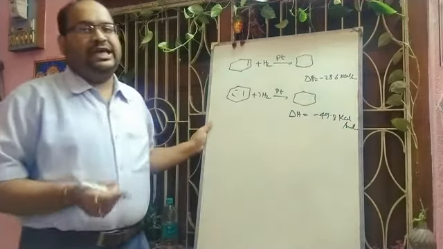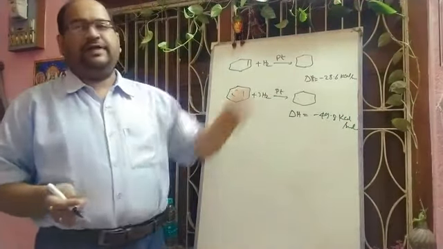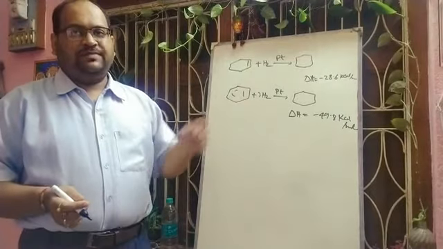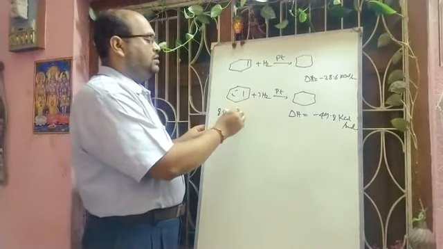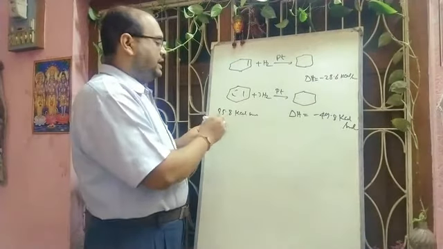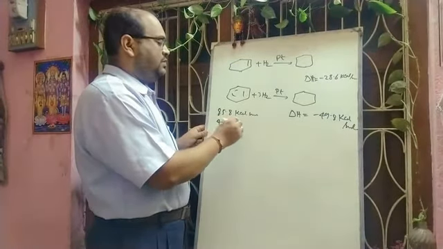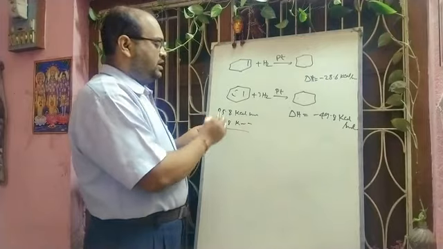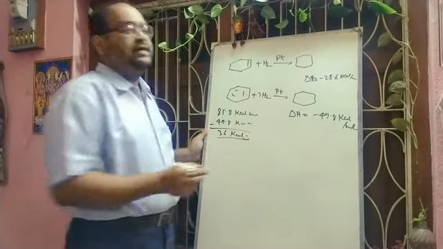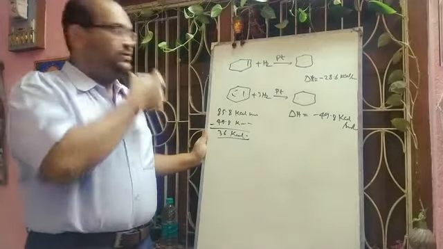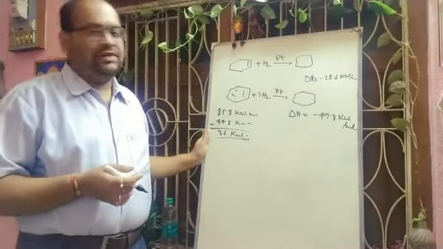So if we think about 3 cyclohexene, you have to multiply by 3. If you multiply by 3, you will get 85.8 kilocalorie per mole, and you are getting 49.8 kilocalorie per mole. So if you subtract, you will get 36 kilocalorie per mole. In this way we can calculate the resonance energy.